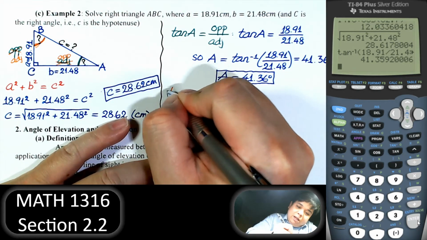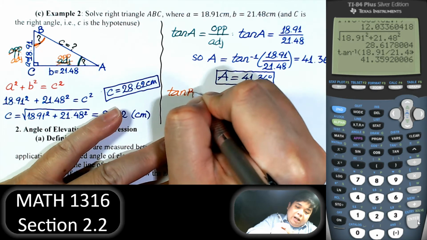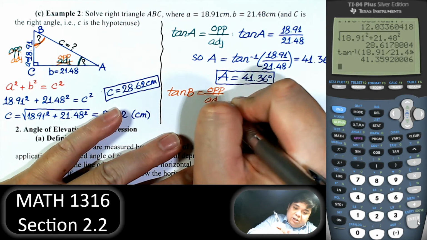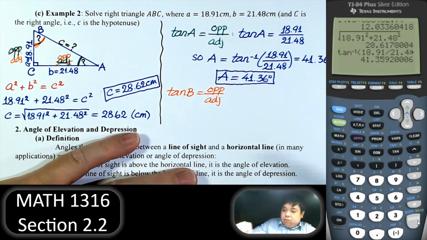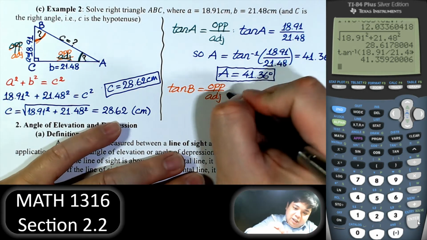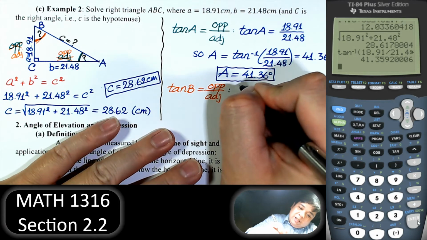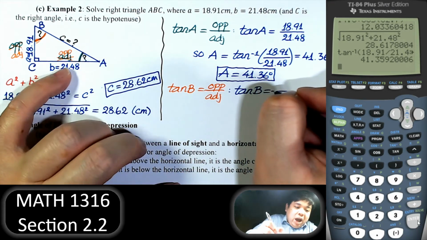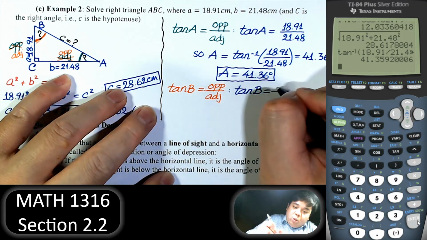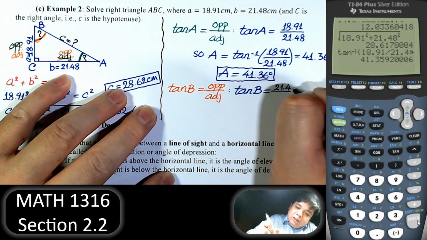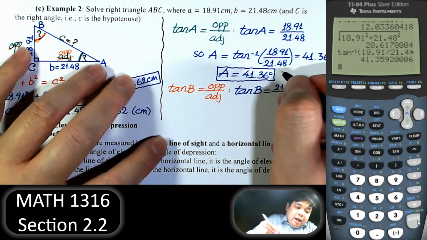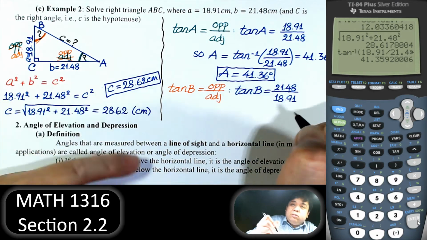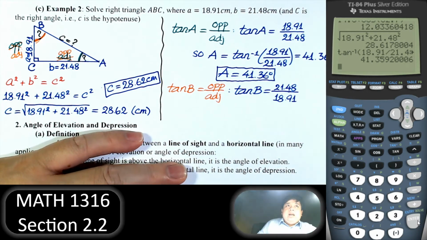So tangent of B, again we have opposite and adjacent. So different perspective. So tangent of B, opposite to angle B is 21.48 and adjacent is 18.91. So B will be tangent inverse of that.